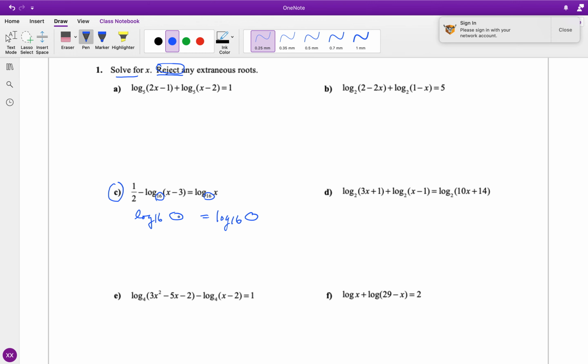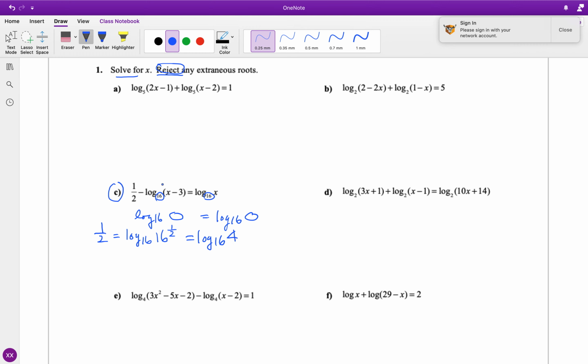Then this one will equal that one in order to solve. So what am I going to do with the number 1/2? Number 1/2 equals log base 16 of 16 to the power of 1/2, so that becomes log base 16 of 4.